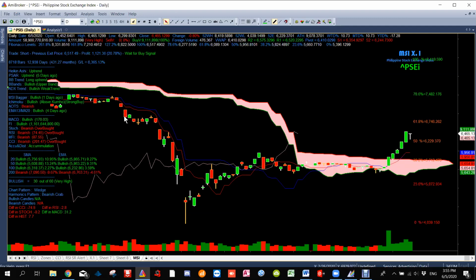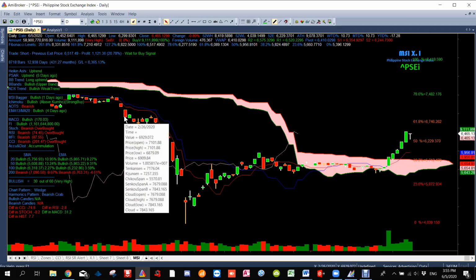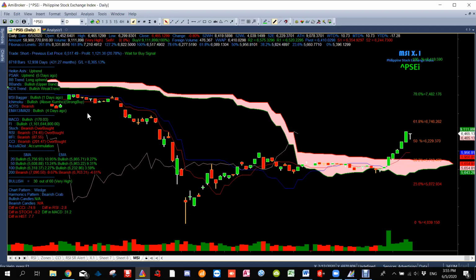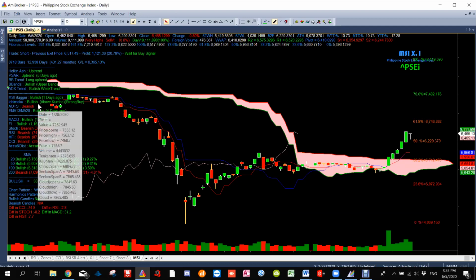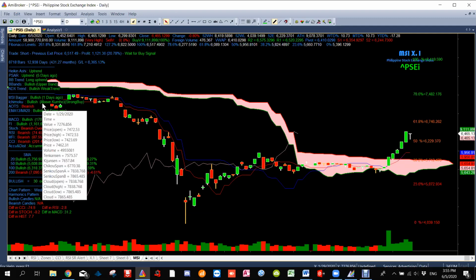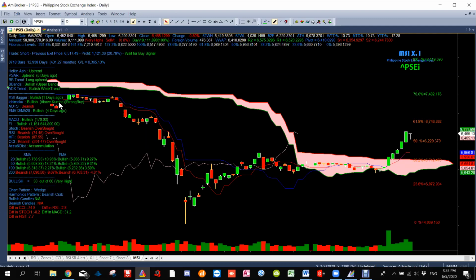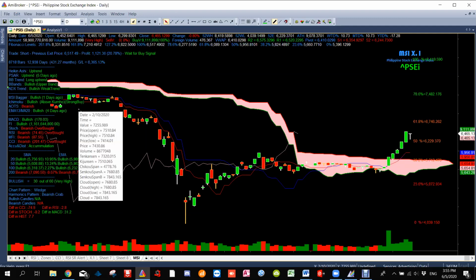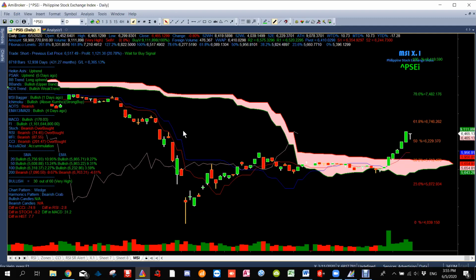So in MSI, we've added readable analysis. So currently, PSE is bullish and the price action is moving above the Kumo, and it is a strong buy. Okay? It's a strong buy because of the crossover of the Tenkan-sen and the Kijun-sen.